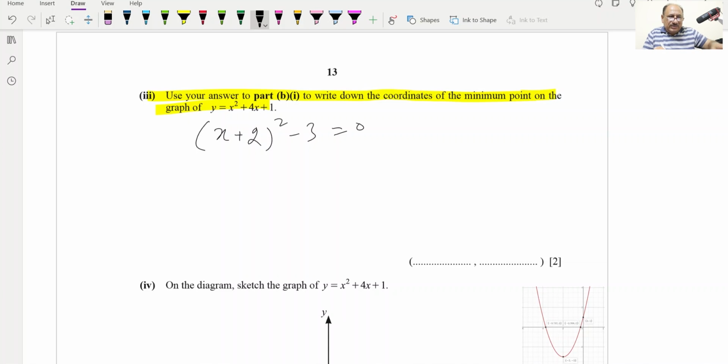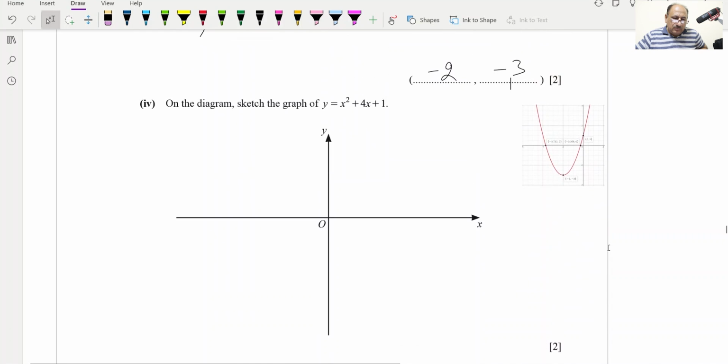So we are taking minus a value and b value: minus a will be minus 2, and b value will be this one. We are just copying the value, no working is required for that one, you can directly write this.